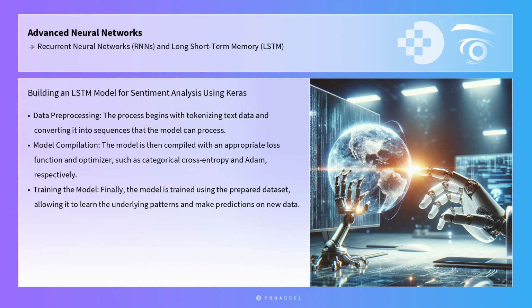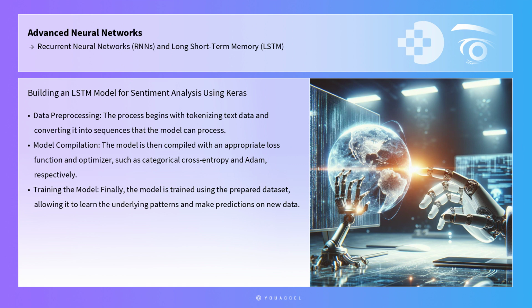Consider a practical example of building an LSTM model for sentiment analysis using Keras. The process begins with data preprocessing, which involves tokenizing text data and converting it into sequences that the model can process. Next, an LSTM layer is added to the model, specifying the number of units and the input shape.